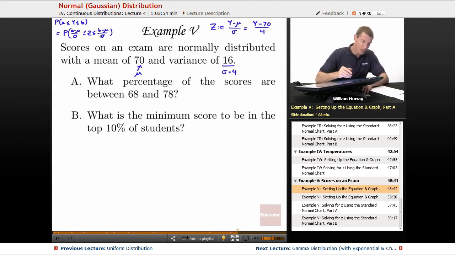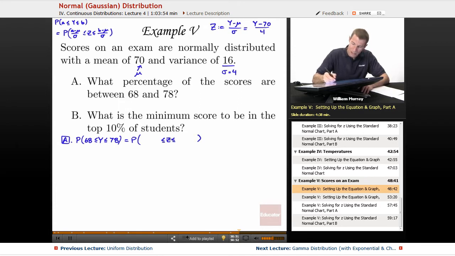So in this case, for part A here, we want to find the probability that y is between 68 and 78. Let's convert that into a probability on z. Z should be between, well, my a and b are 68 and 78.